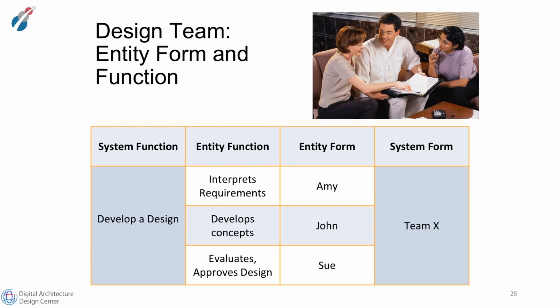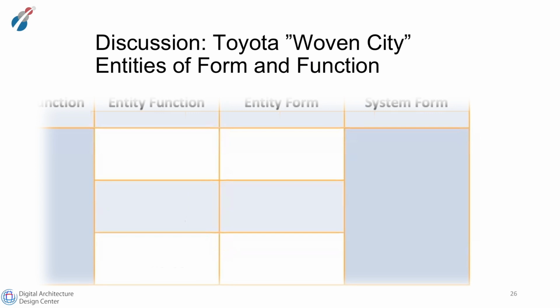Okay, so you would make up the team, and this team has a name, for example, Team X. And each of you has a different function on the team. For example, interpreting the requirements, developing the concepts, and then evaluating and approving the design. Again, we could go much more detailed here, but I think hopefully this gets the point across.